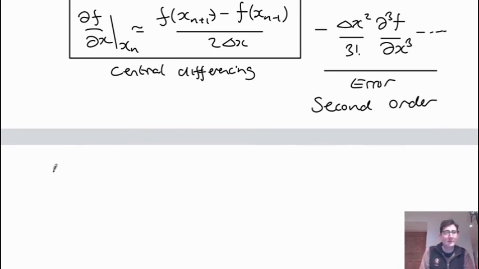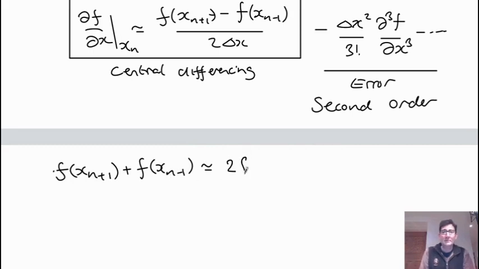So we have f at xn plus 1, so now plus f xn minus 1, and now the first term adds up, so we have a 2f xn, the first derivative term cancels out, and so we just end up with the second derivative term.